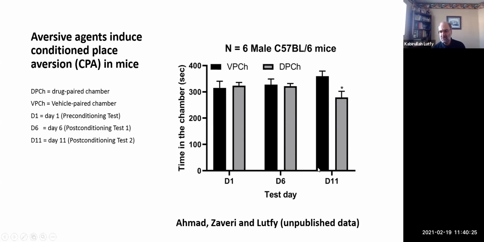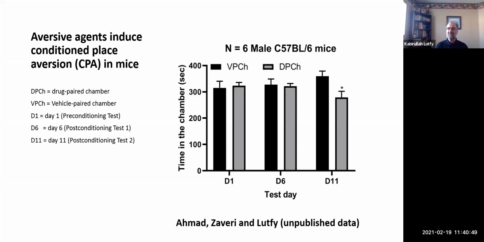But when you continue for another 2 saline to drug conditioning, you can see a decrease in time in the drug pair chamber and an increase in the vehicle pair chamber, showing that the animal doesn't want to go to the side where they received the drug. So this drug is aversive.